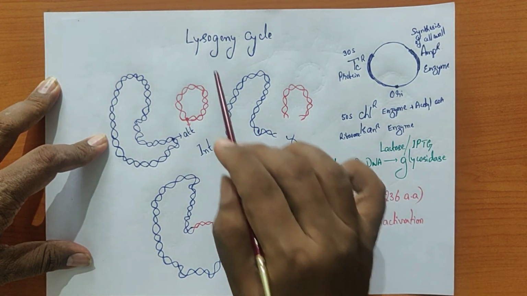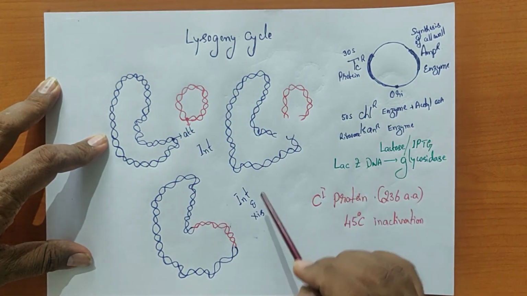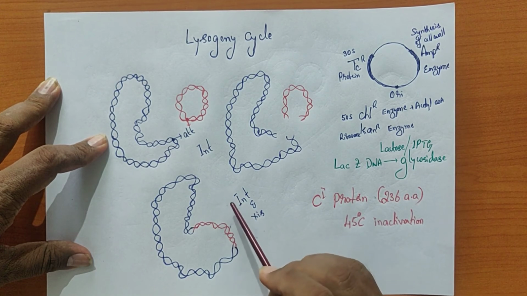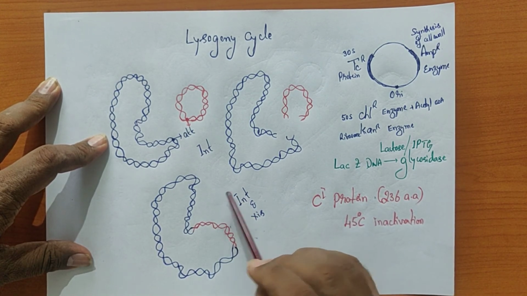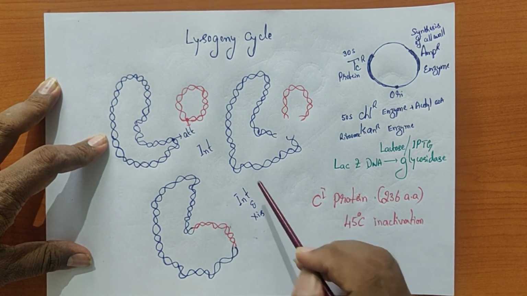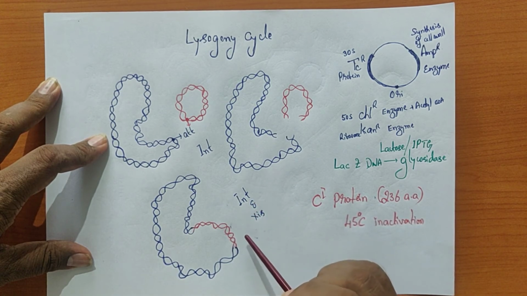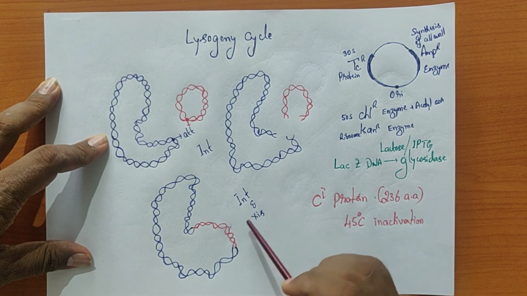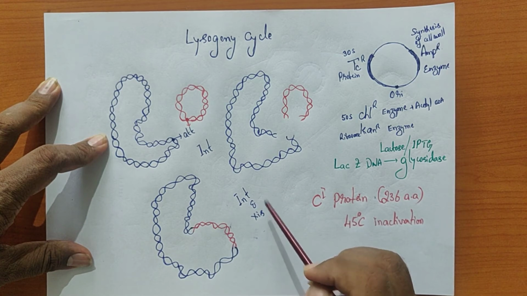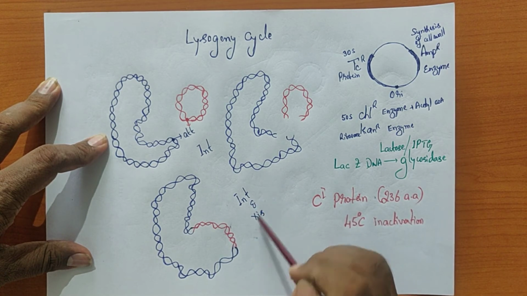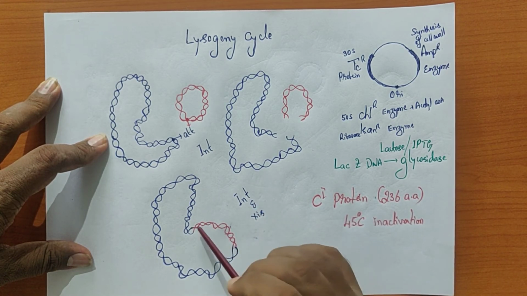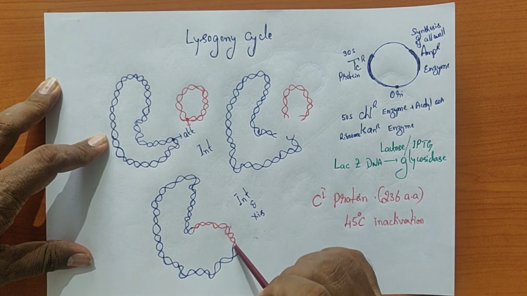So to convert lysogeny into the lytic cycle, somehow we have to unblock the C1 repressor gene. The moment the C1 repressor gene is unblocked, another protein, that is the XIS protein, is going to be synthesized in large amount. What this XIS does is that it will join the two ATT sites in the host genomic DNA.